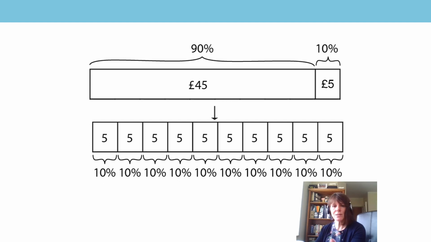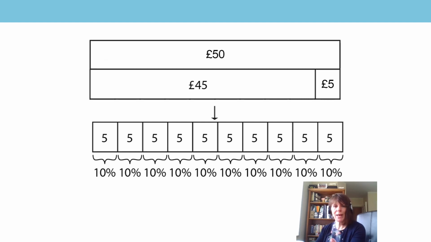Okay, I can use that to work out then the original price, because 10% add 90% equals 100%, and I know here that this is going to equal 5 because I've worked it out by drawing this information into this bar model. And if I know that 10% equals £5, 45 add 5 equals £50.